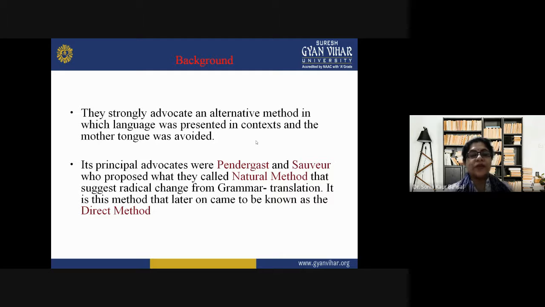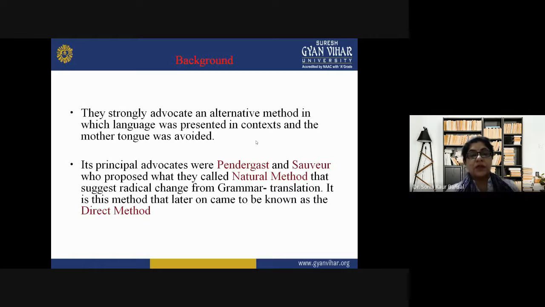Its principal advocates were Pendergast and Sauveur, who proposed what they called the natural method, which suggested a radical change from grammar translation. It is this method, students, that later came to be known as the direct method.